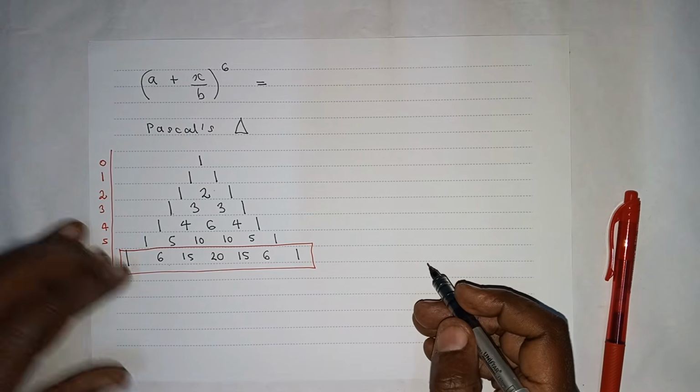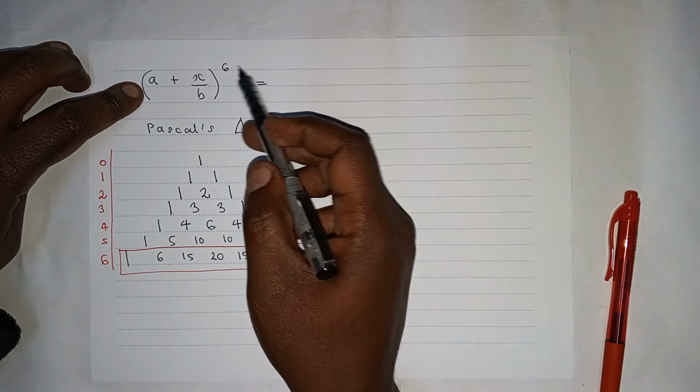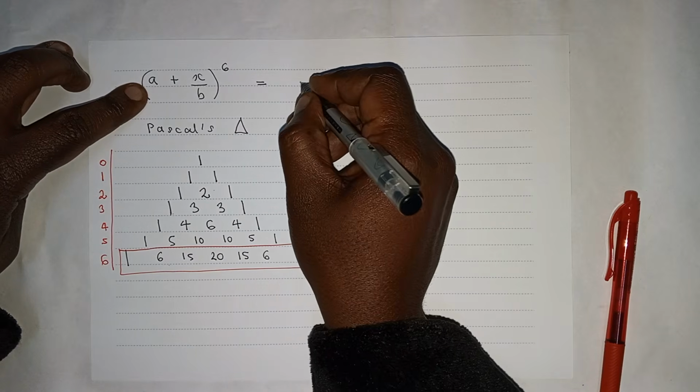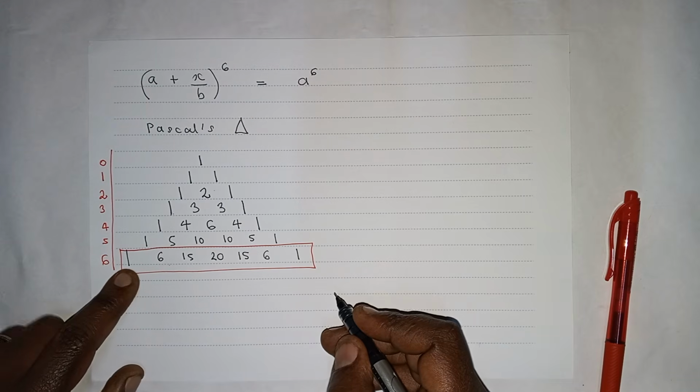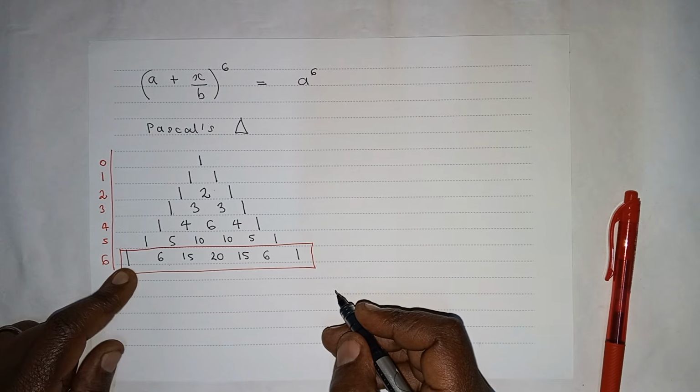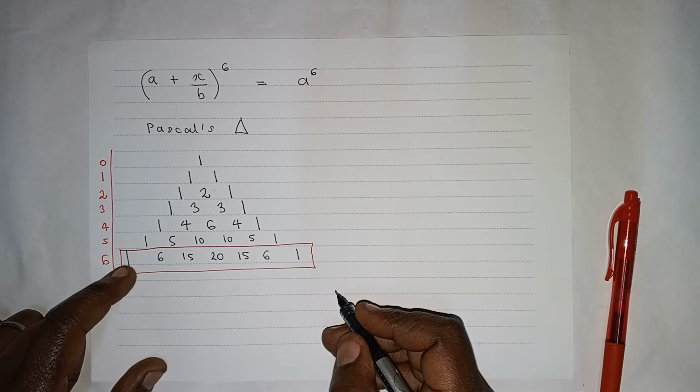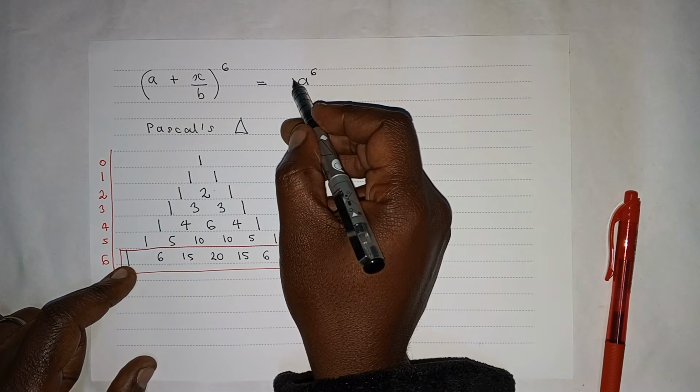We know that the first term is raised to the power 6. So we're going to raise that onto the power 6. We will use 1 here as the first coefficient. So we have a 1 here.